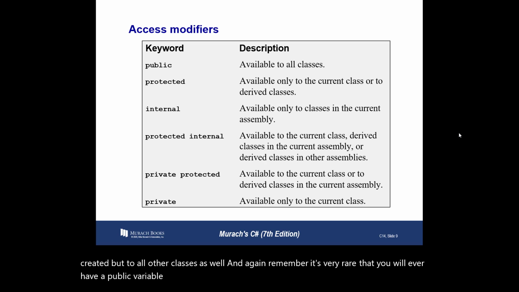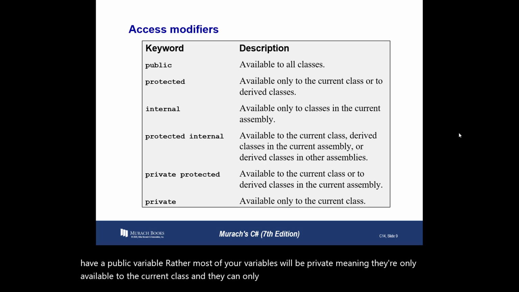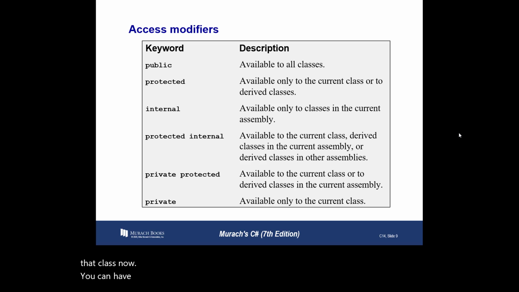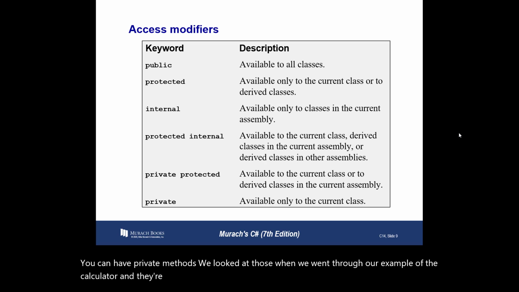Rather, most of your variables will be private, meaning they're only available to the current class and they can only be manipulated using the public methods of that class. Now, you can have private methods. We looked at those when we went through our example of the calculator, and they're typically referred to as helper methods. All right. The other one in here that I want to talk about is protected.